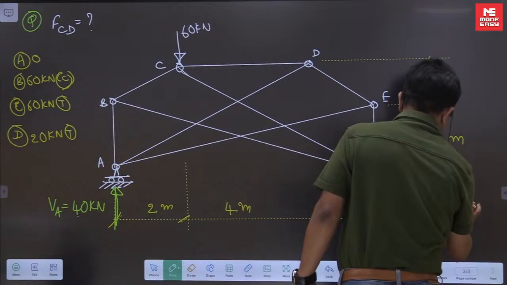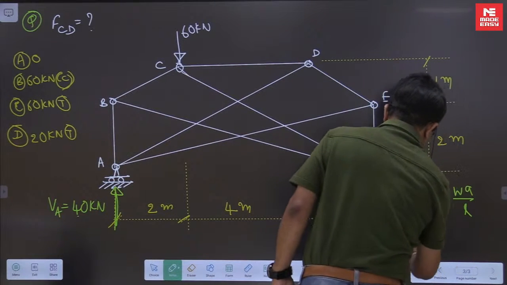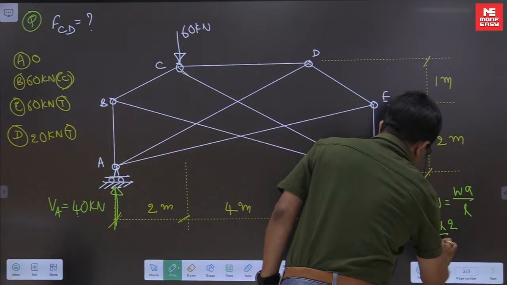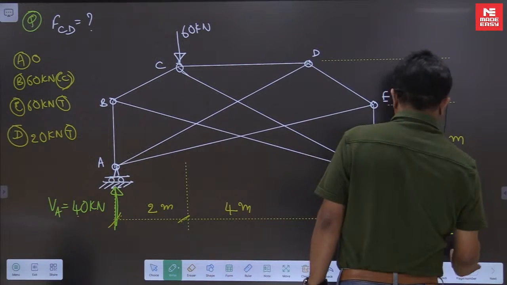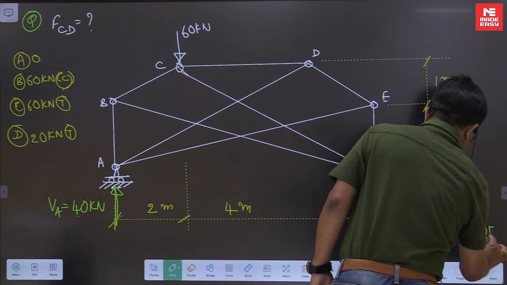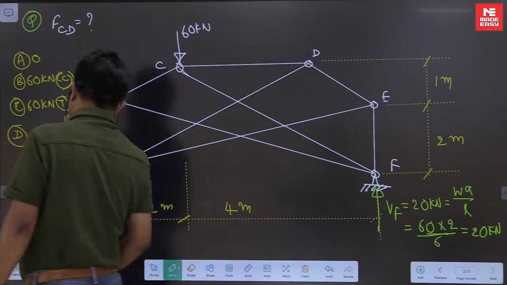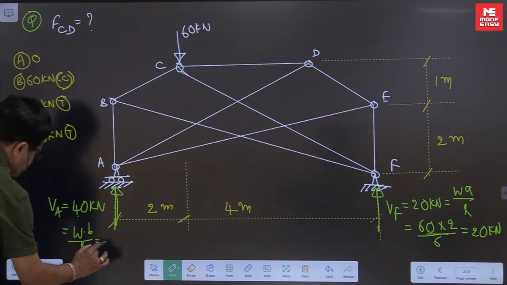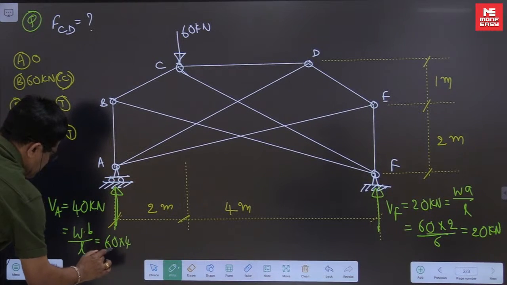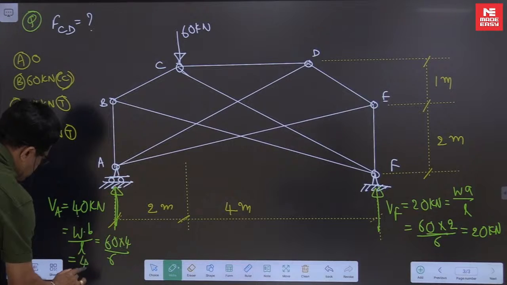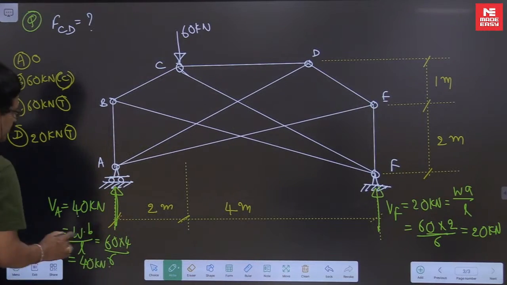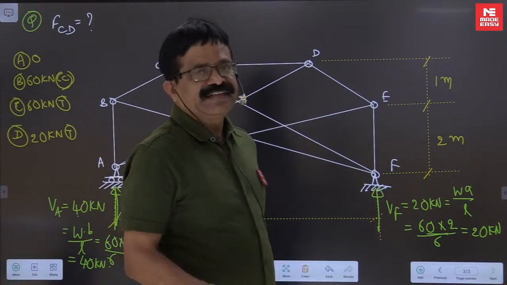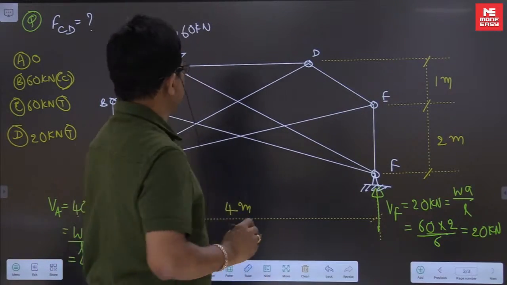This is WA by L, that means W is 60, A is 2 by 6, 20. This is WB by L, that means 60 into 4 by 6, 40 kilonewton. Now, I want to use the method of sections, and by inspection we have to complete the problem.